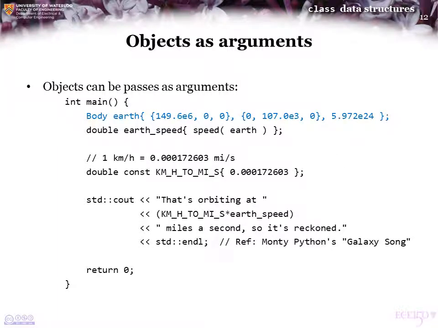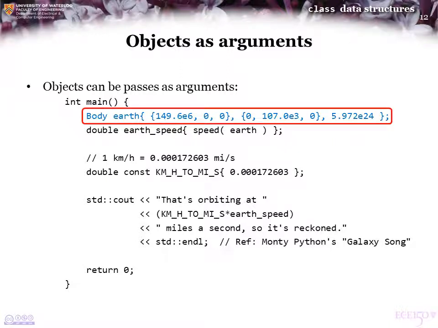All right, so now we're going to look at an example where we actually call the speed function with an instance of a body as an argument. So here we have Earth declared to be a body, and it's appropriately initialized.